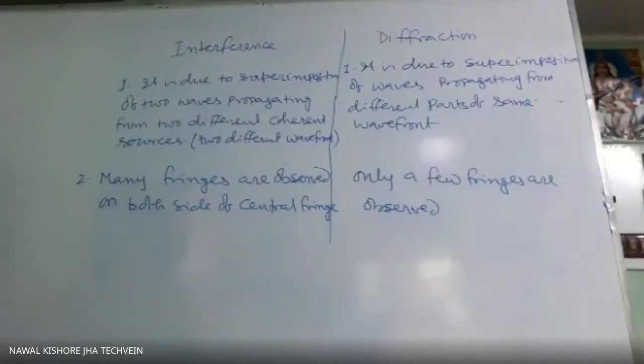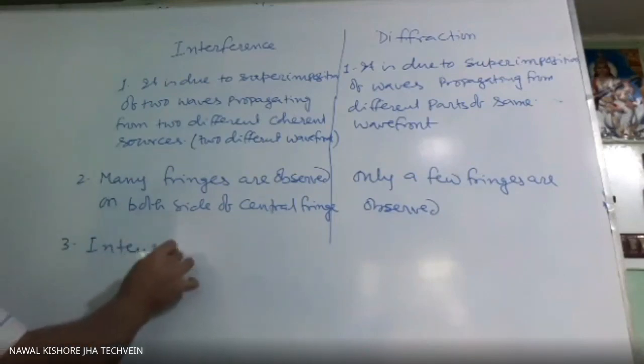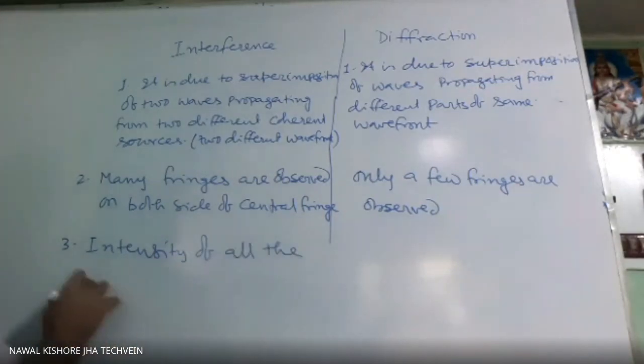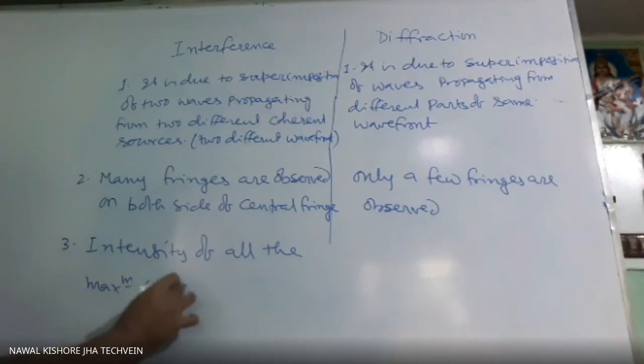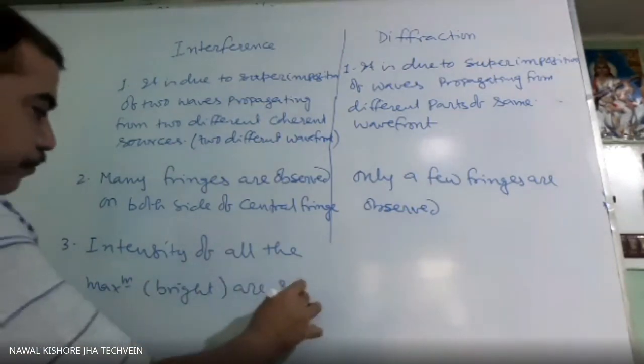In interference, intensity of all the bright fringes will be same. That is, all the maxima will be same. But in diffraction, intensity of maxima are not same. They vary.